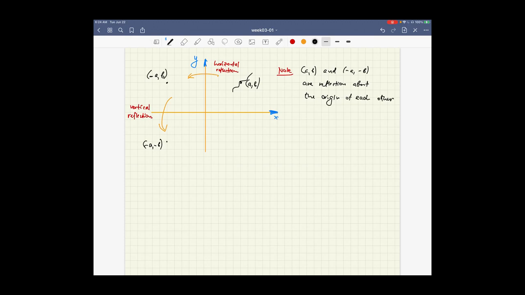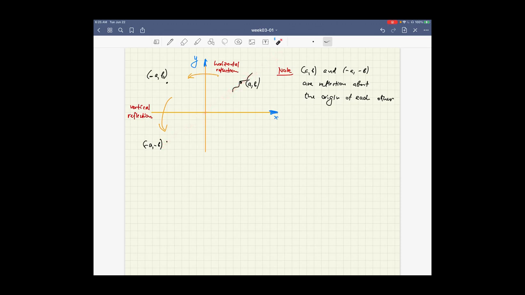What does that mean? Well, it means exactly that. First, it means that they lie on the same line. We can easily check that, using the line passing through the origin and through the point a comma b.